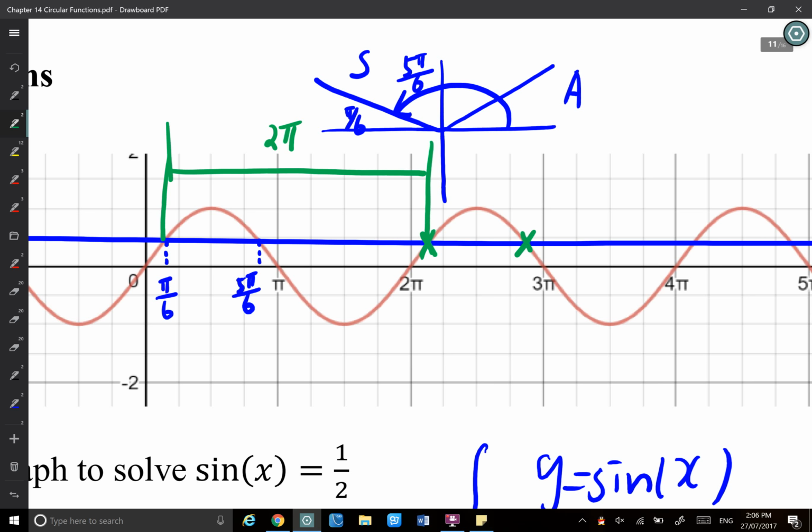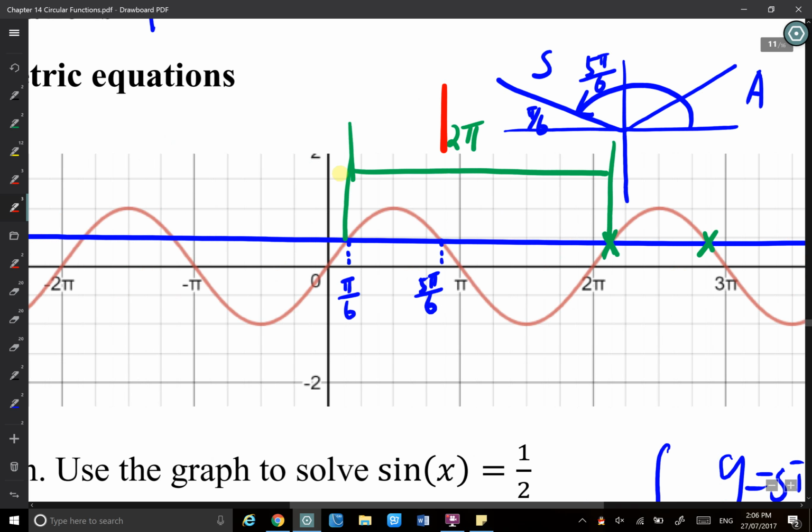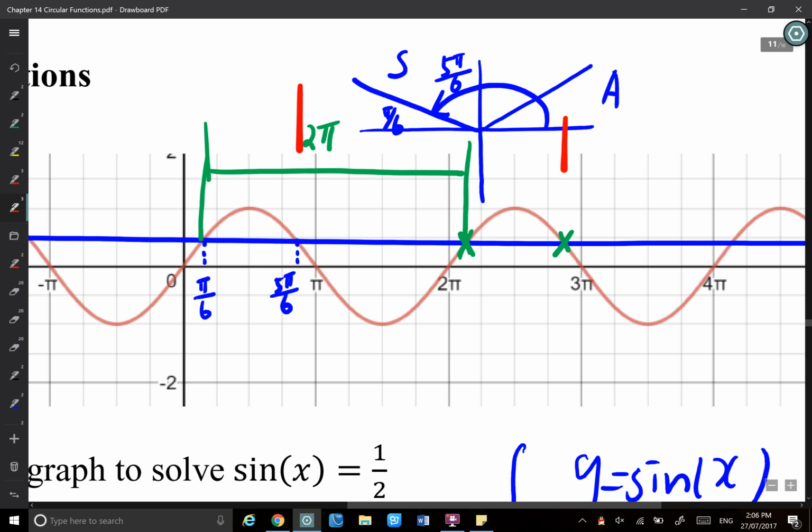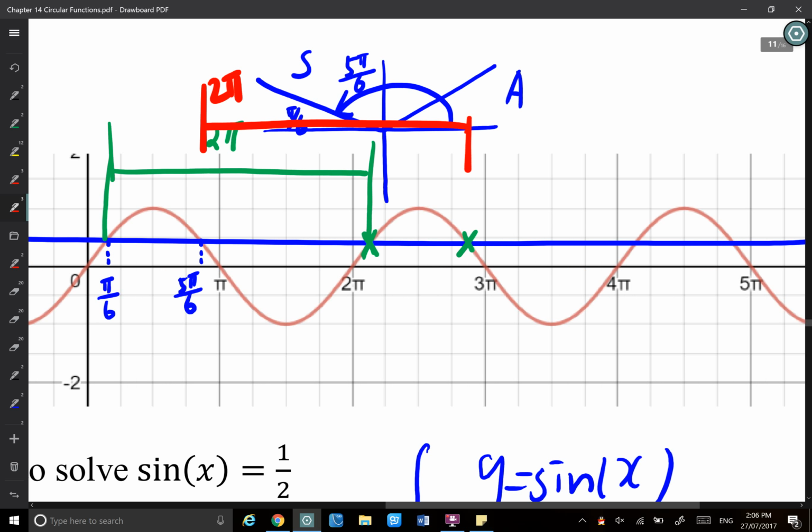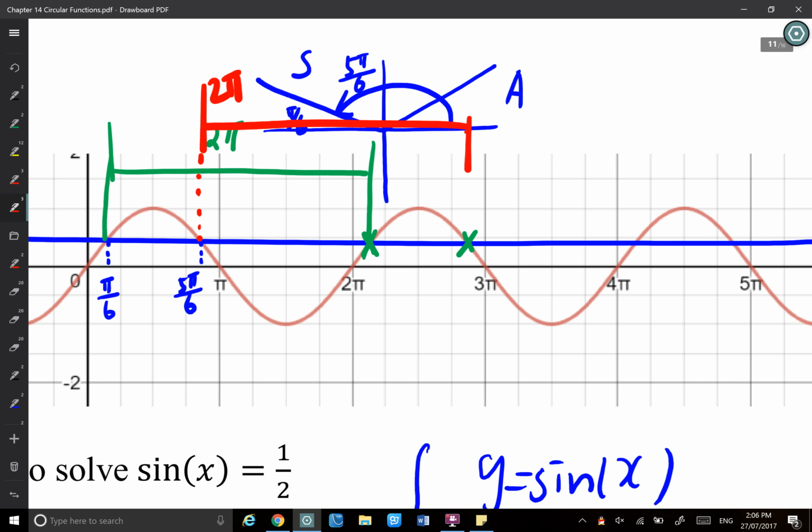From this point to this point, that distance is 2 pi as well. So after you know the first 2 values in the first period, you can find all the other values by adding the period. Does that make sense? By adding the period you get all the other values, or by subtracting the period you get all the same values.